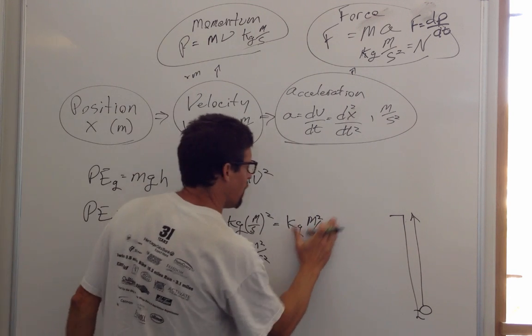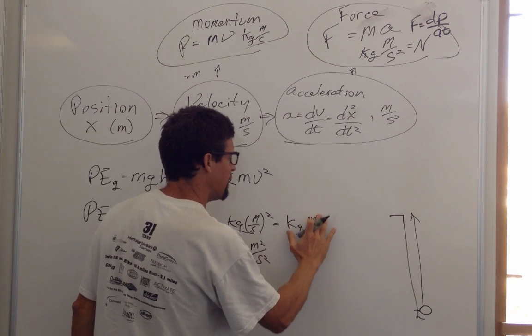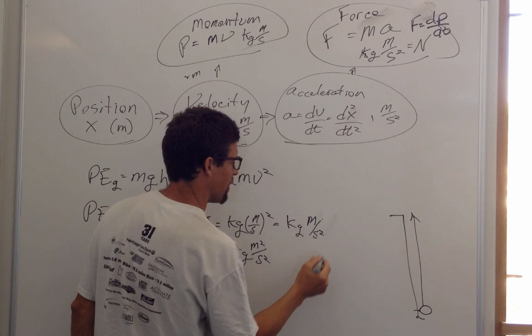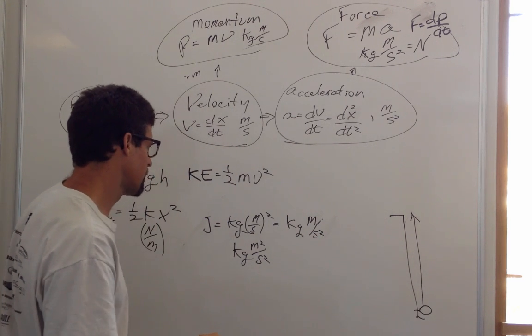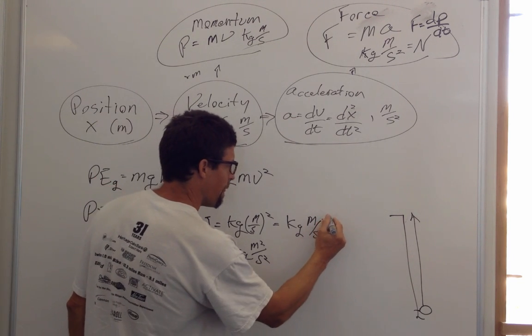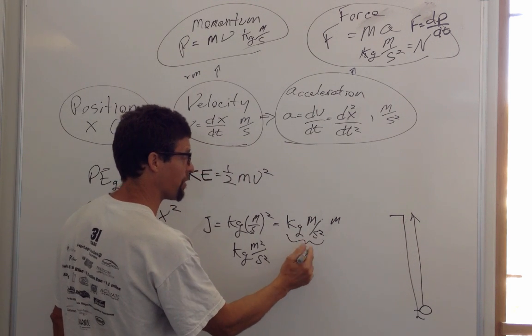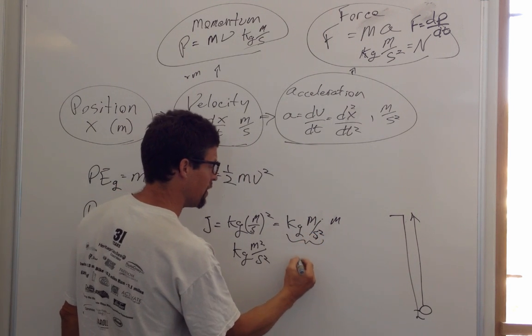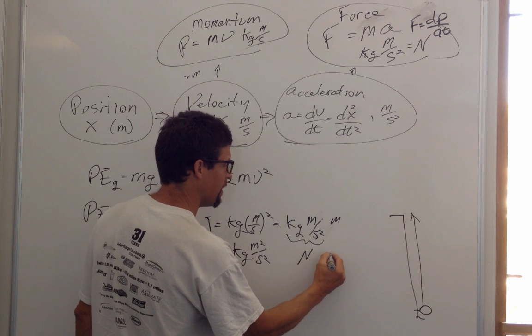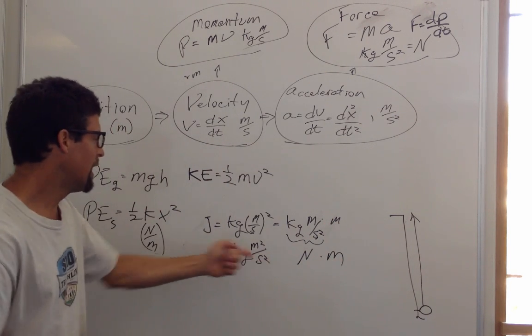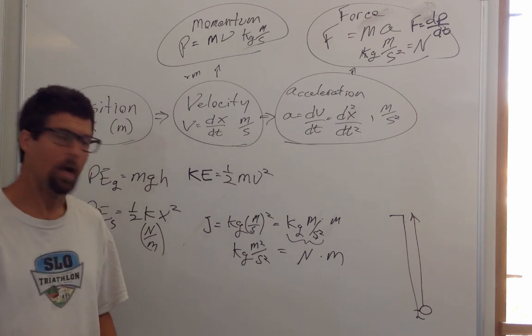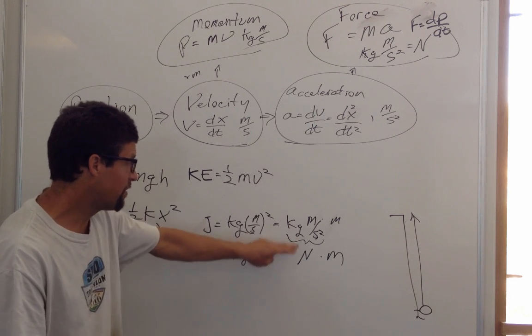However, we could also go back and see this, meter per second squared. We could see that this is a Newton. Kilogram meters per second squared is a Newton. And this is a meter. A Newton meter, is that the same as a joule? Well, we can see that it is.